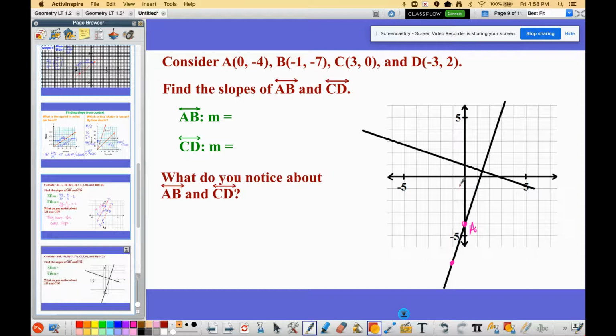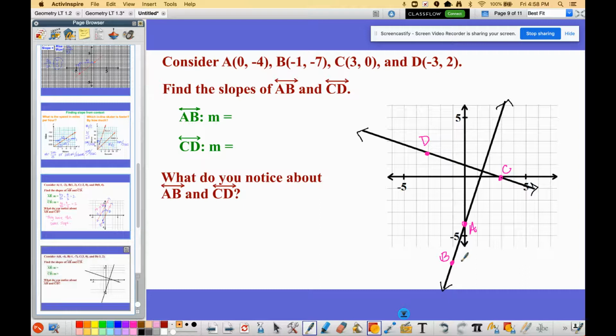Point C is 3, 0. And point D is -3, +2. And I had to go off of my grid a little bit to get point B on here.